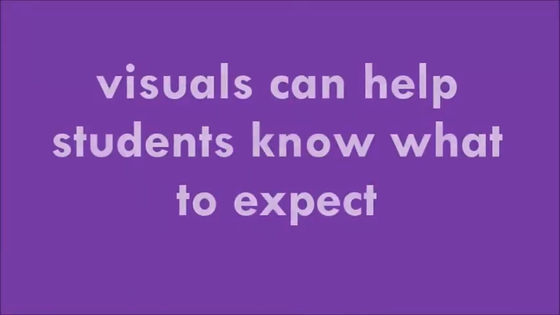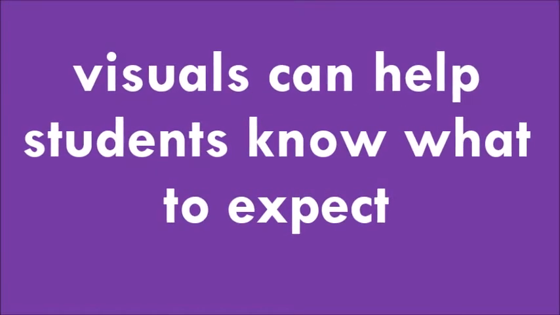So a lot of the young people that we support really hate surprises, and if you're only using verbal instructions or explanations of what's going on, they might find this very difficult because they might not really understand what to expect. So we can help them understand by using visuals, and there's a few ways to do this. We can just hold up a symbol or picture, or we can use something like a visual schedule for them.